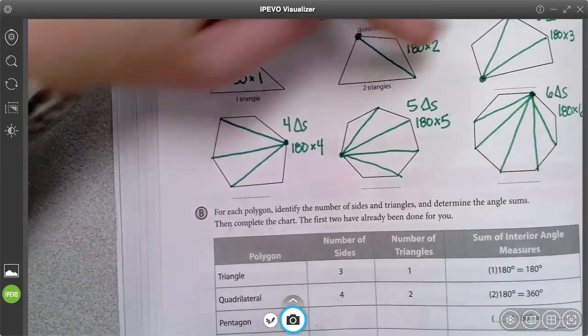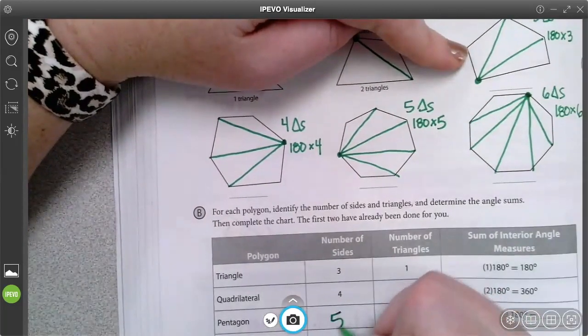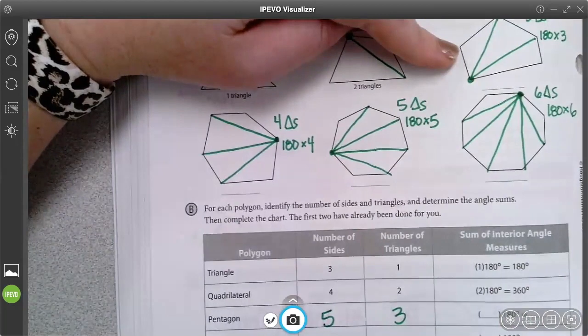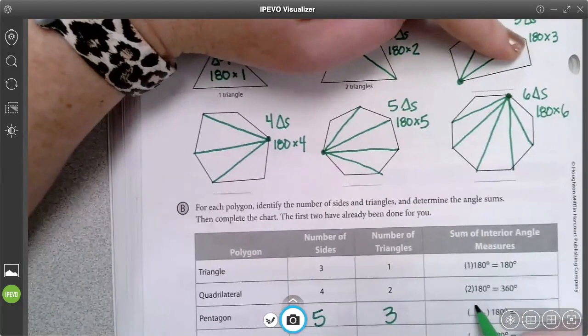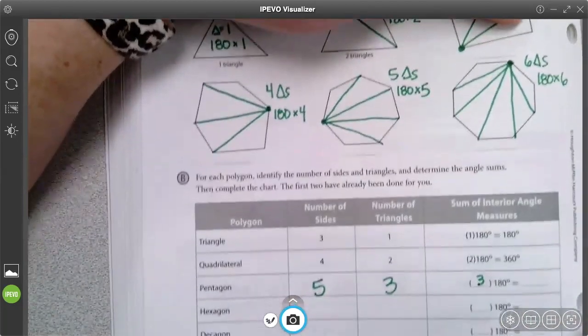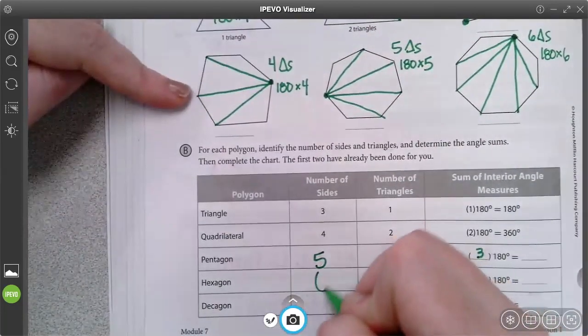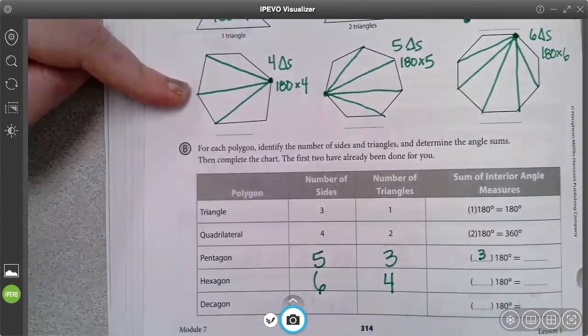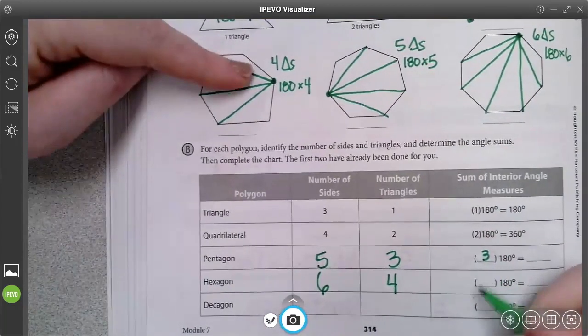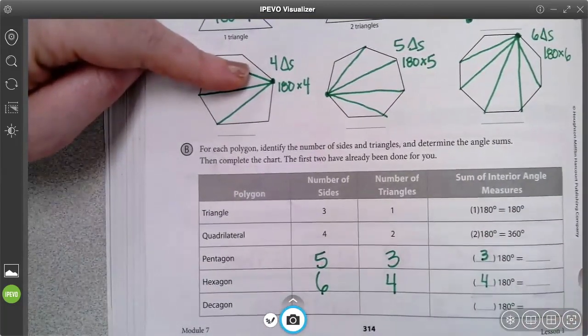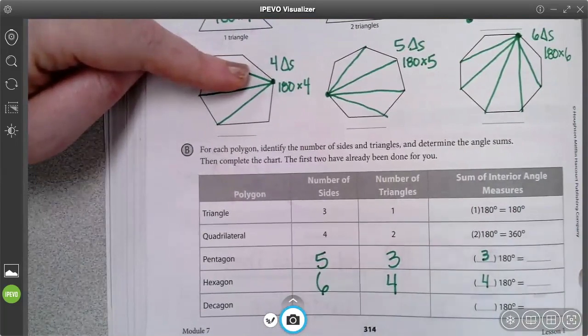Our pentagon had 5 sides and 3 triangles, so we said 180 times 3 was going to give us the total number of degrees. Hexagons have 6 sides, and we got 4 triangles out of that. And then we took 4 and multiplied by 180 to get the total number of degrees here.